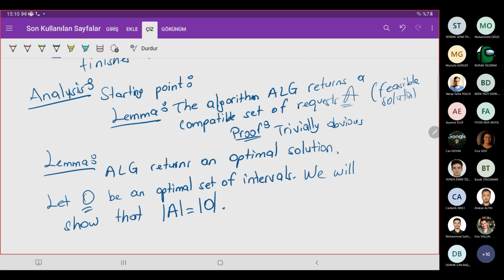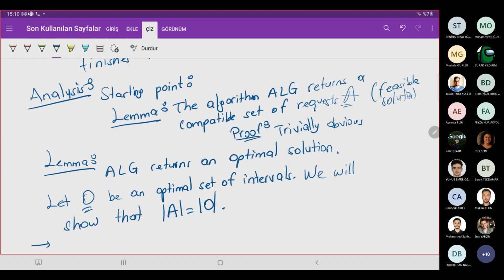Okay, let's think of an optimal solution. I don't know what the solution exactly is, but I'm just saying that its cardinality, the number of requests in that optimal solution, if it's the same as the number of requests in the solution that my algorithm returns, then my algorithm also gives an optimum solution, right? And that's what we will prove.